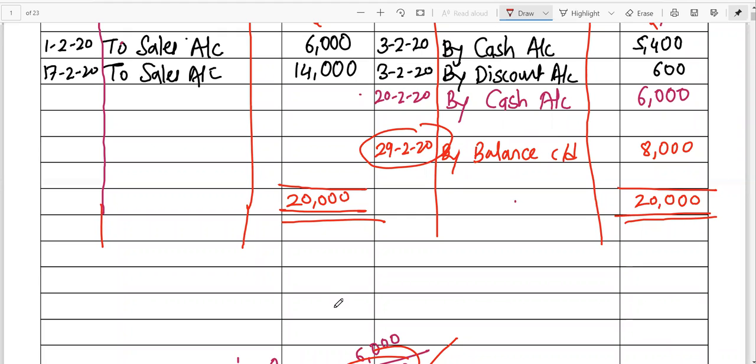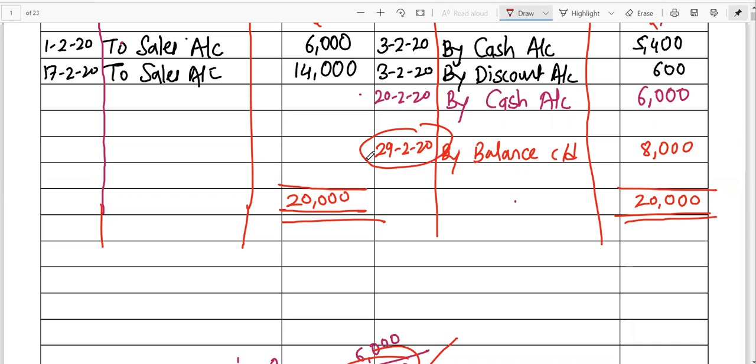You have a topic called final accounts at the end, where you will learn how to prepare financial statements. But we prepare financial statements or final accounts on 31st March normally, on 31st March of every year. So till that date, you have to balance every account. For now, remember that we balance every account till 31st March.